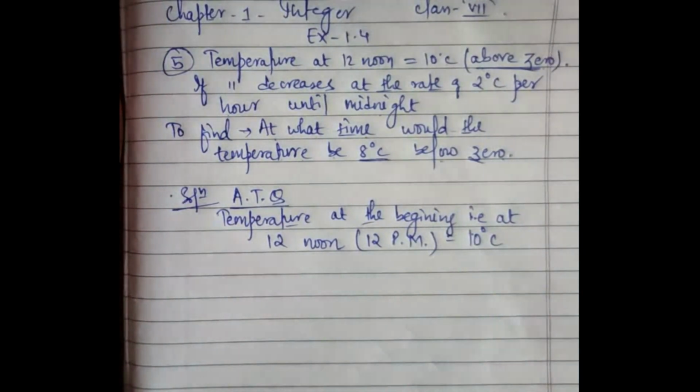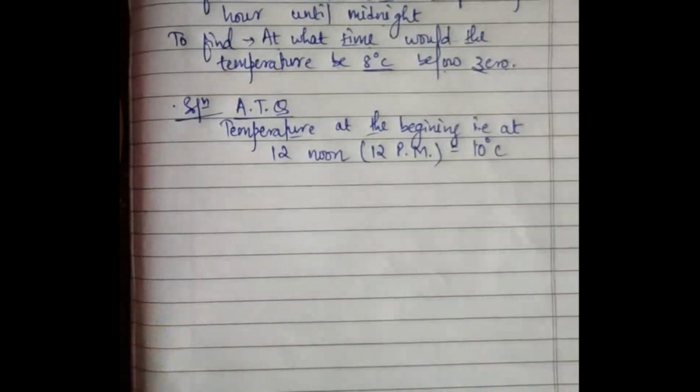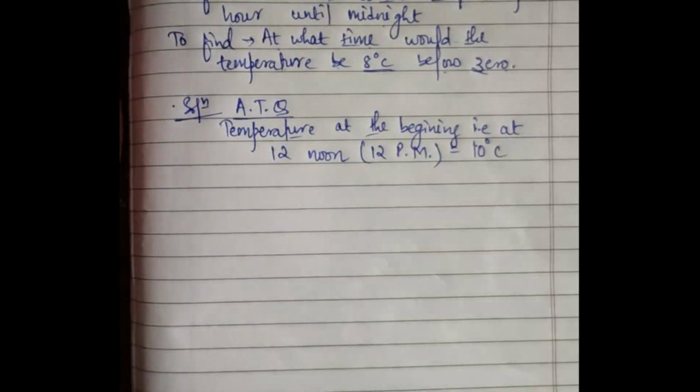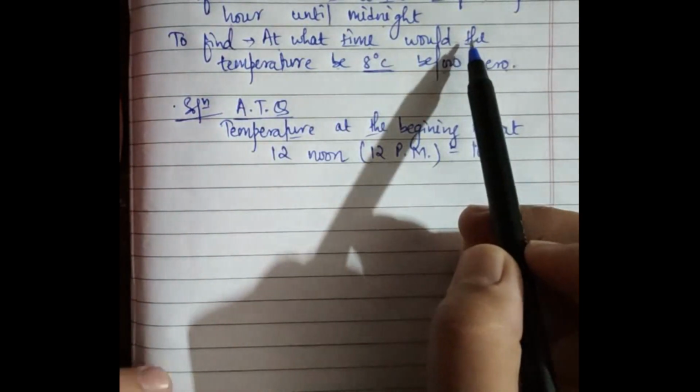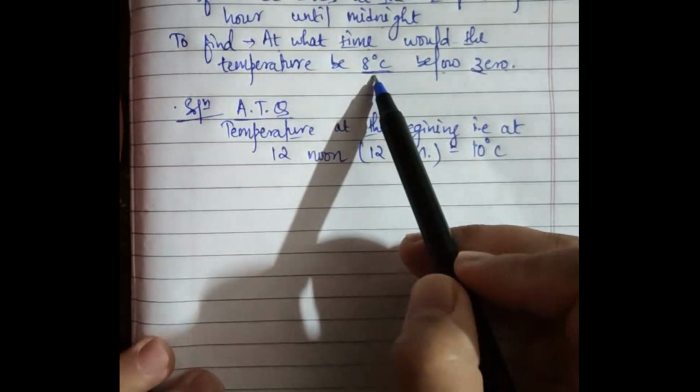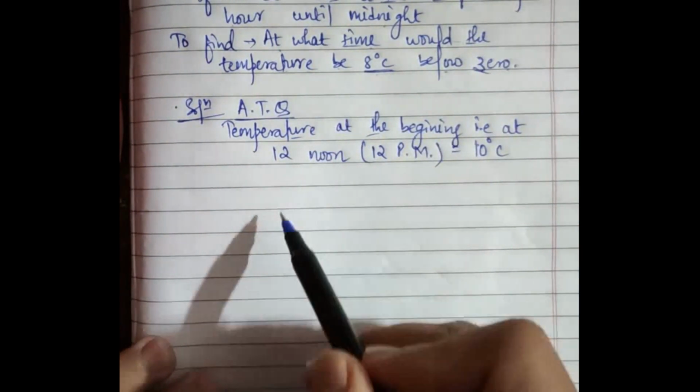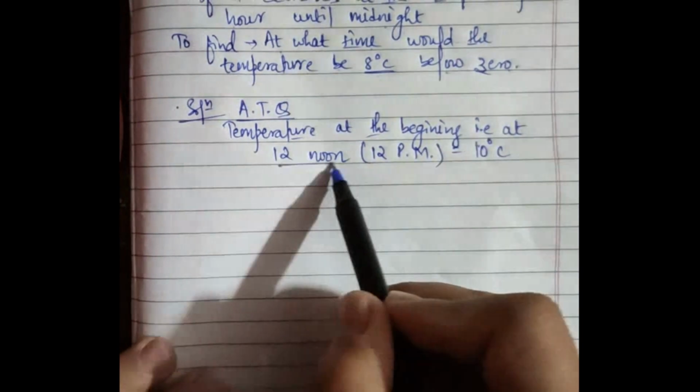Now we have to find at what time the temperature would be 8 degrees Celsius, and we have to calculate one by one. The temperature at 12 noon is this.